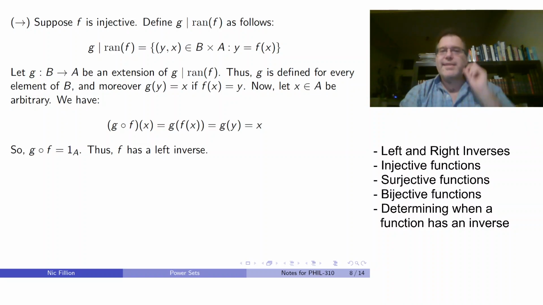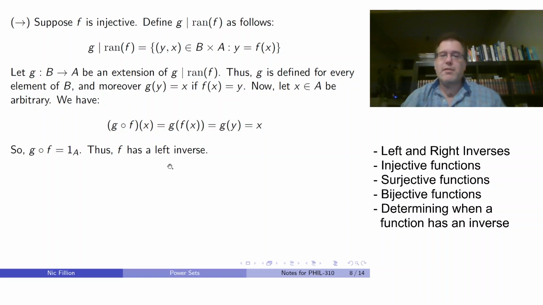So uniqueness is satisfied precisely because F is injective. Okay? So I should have written that here. I'm sorry I didn't. So now we have the first direction proved. If F is injective, then it has a left inverse.